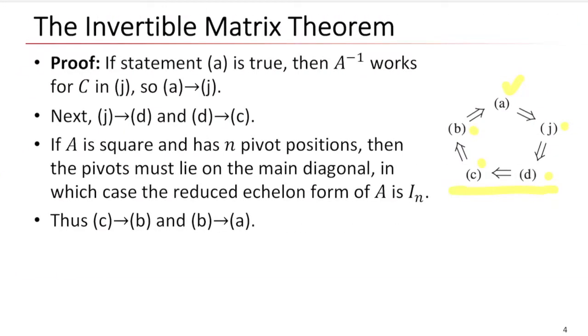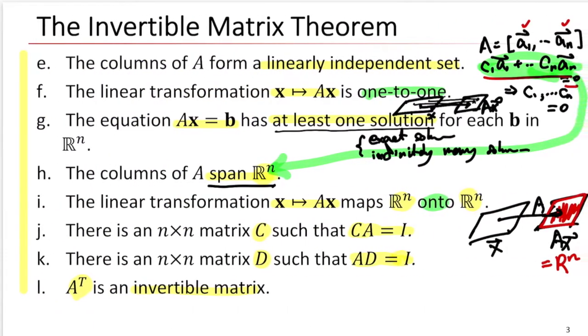Okay, so let's start. First of all, statement A is true. If statement A is true, A inverse works for the C in I. What do I mean?